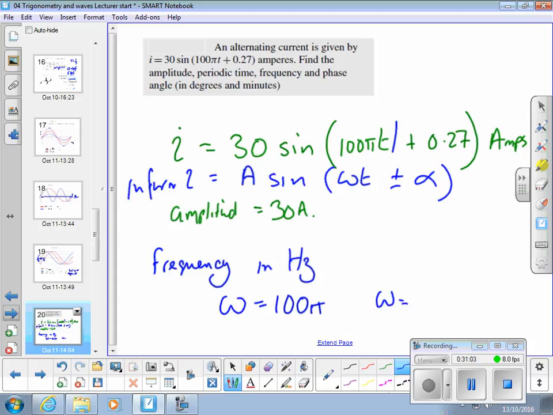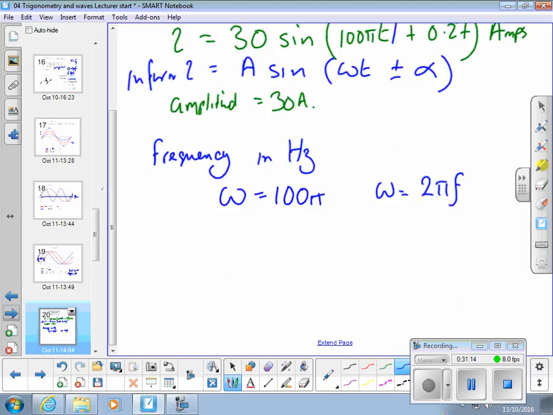Omega is also equal to 2 pi times the frequency f. So we can rearrange that for f now, can't we? What is f equal to? Rearrange that for f. Tell me how you get with that, Paul.